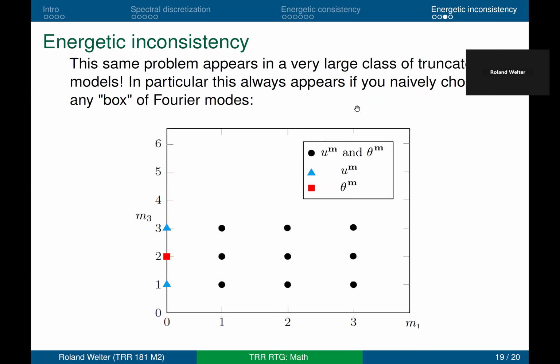But we can prove that it definitely occurs for this naive choice of a box of Fourier modes where you just include every wave number up to some cutoff, where you can see that since the wave number 3, 3, for instance, is included for both, we should include twice the vertical wave number. And since this is not included, the same problem as with Lorenz, finite time numerical blowup, will occur for this model.